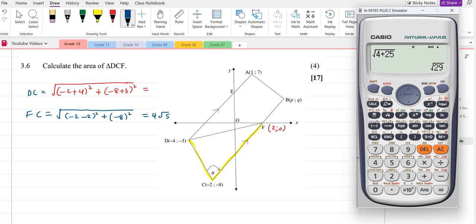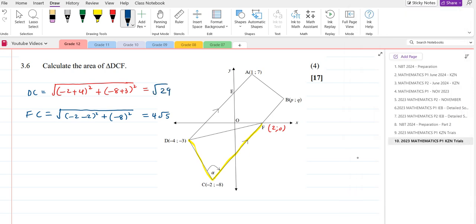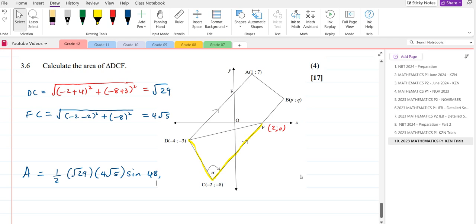Square root of 29. Right, so my area is equal to half, root 29, 4 root 5, sine of alpha. What was alpha? 48 comma 37.